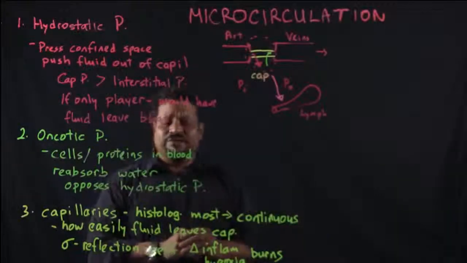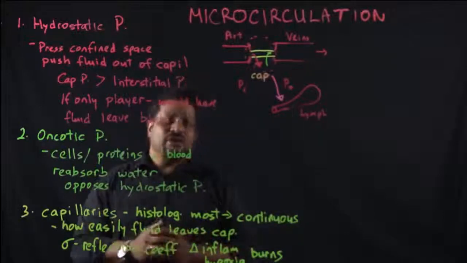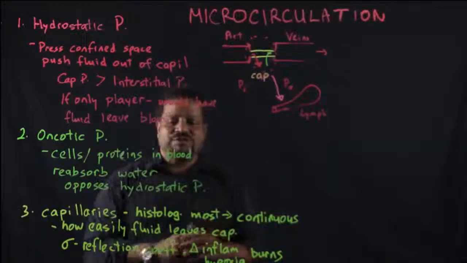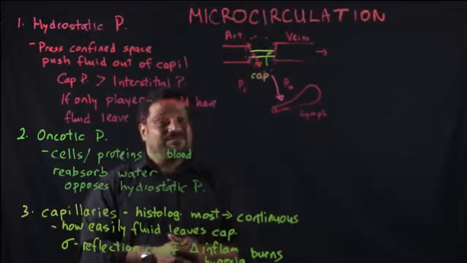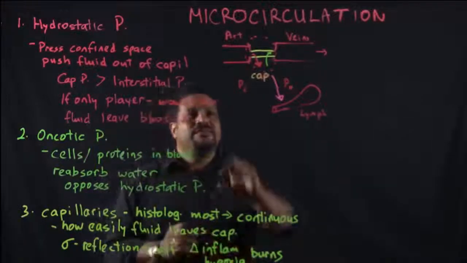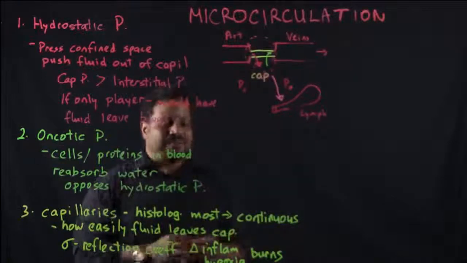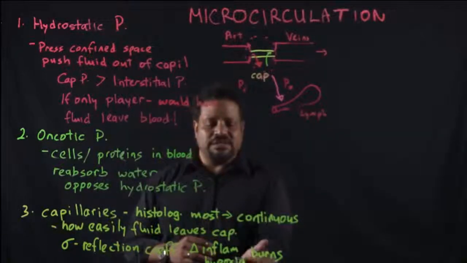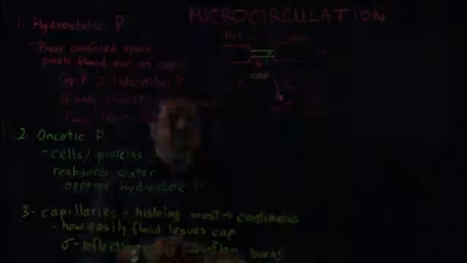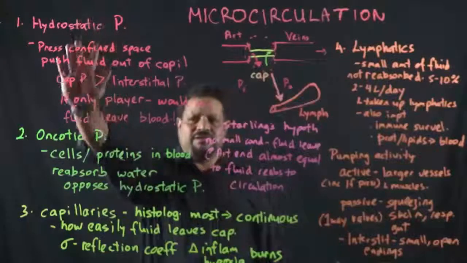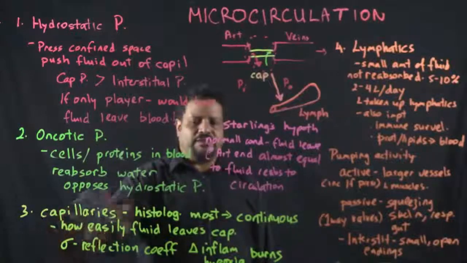And we have a reflection coefficient, which is a parameter that shows how easily fluid leaves from those capillaries. And the amount of fluid that can leave from the capillaries can be changed by several different things: inflammation, hypoxia, and burns.